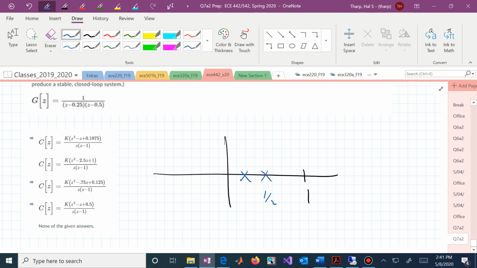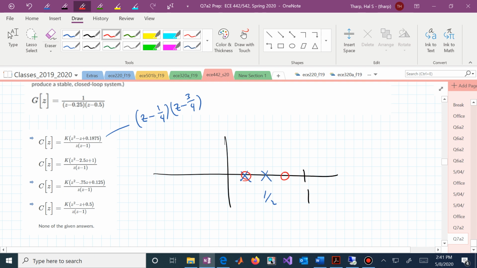expressions. The top one, if you factor this one, you will see that that 0.1875 is 3/16. So this numerator is producing a 0 at 1/4, a 0 at 3/4.